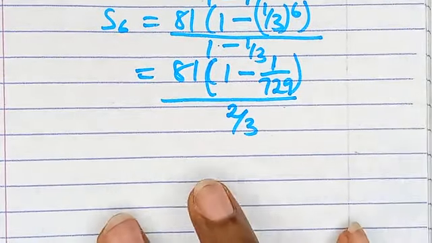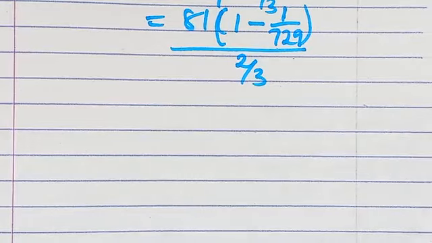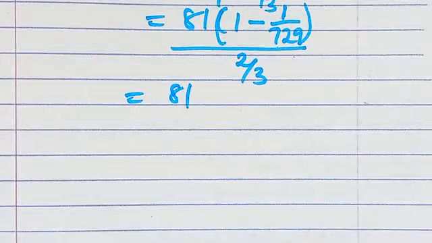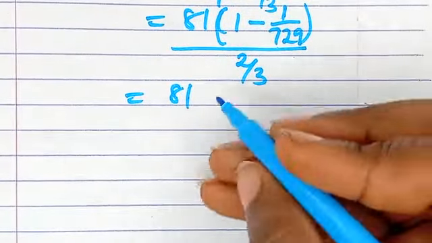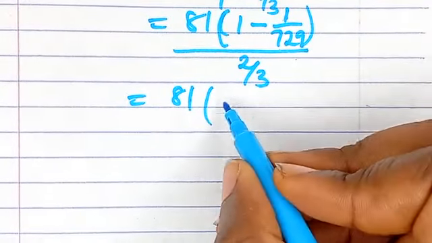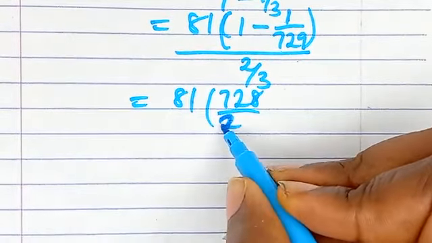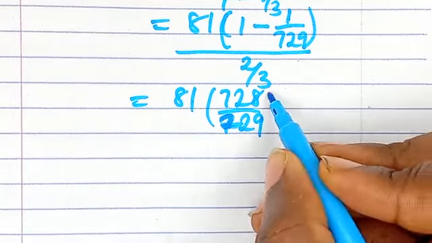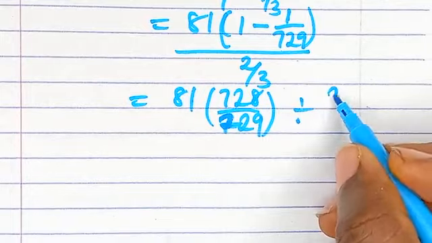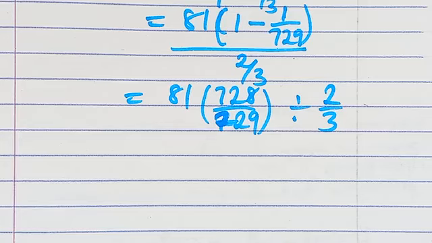So this could actually give us equal to 81, 1 minus this will be equal to 728 over 729. Okay, so divided by 2 over 3. Okay, so we have it this way now.